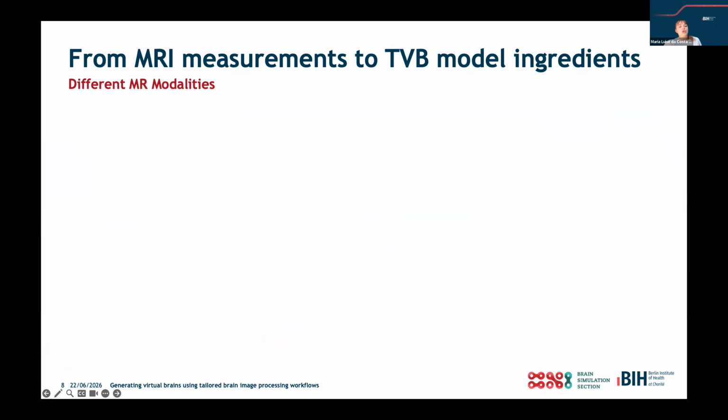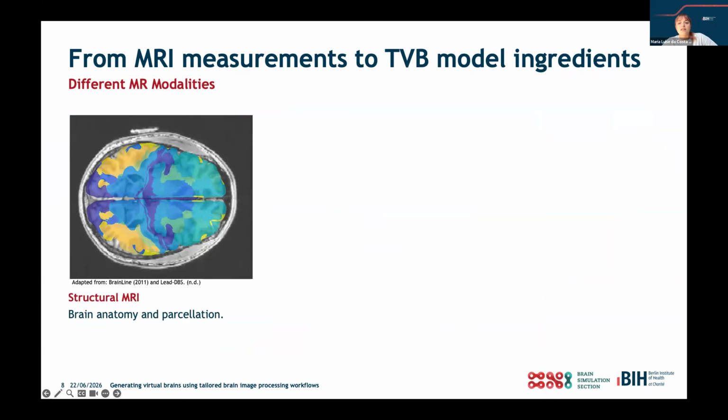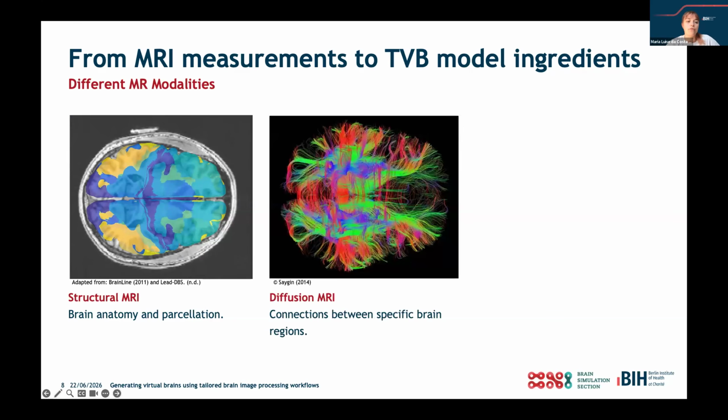Okay, so all of those modalities that we just looked at, just to have a small summary of them: we have the structural MRI, where we need the anatomy of the brain and the brain parcellation. We have the diffusion MRI, which shows us the connections between the different brain regions.